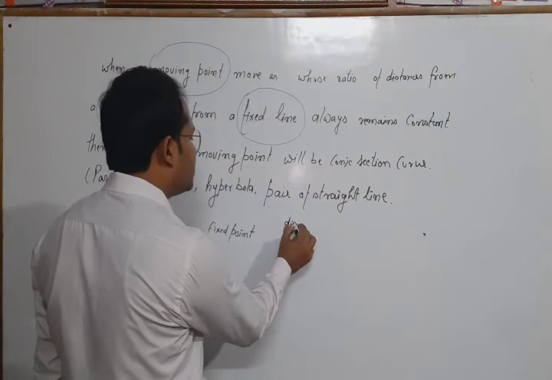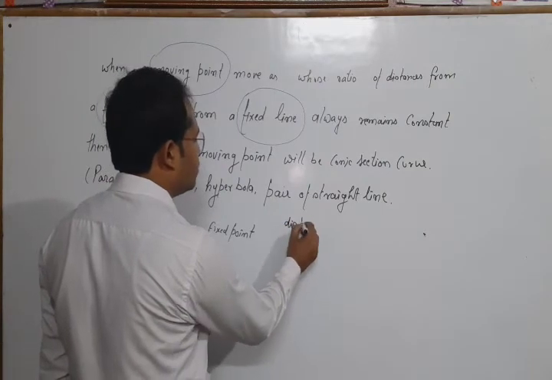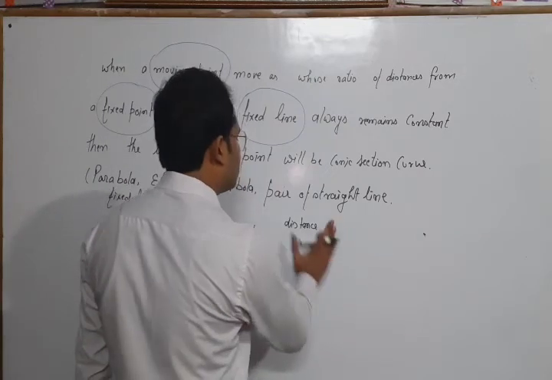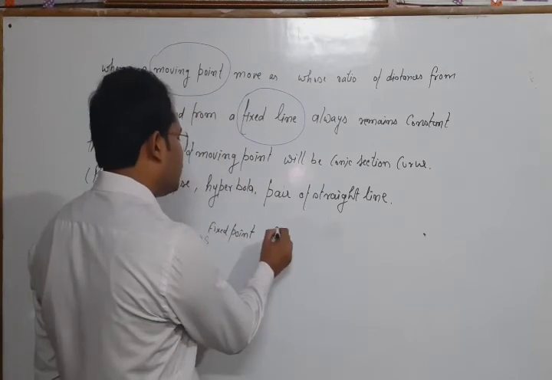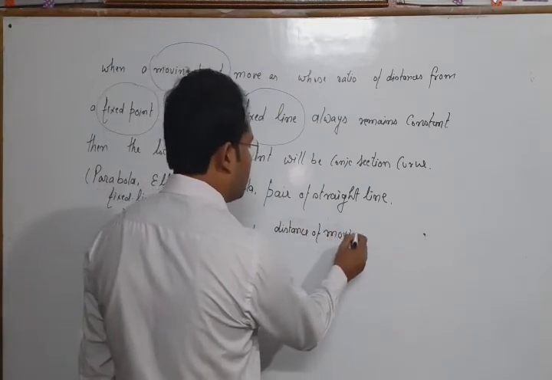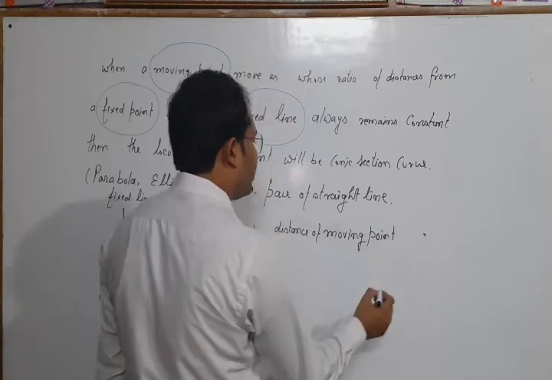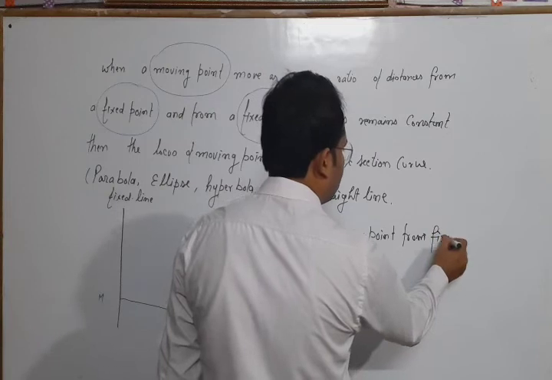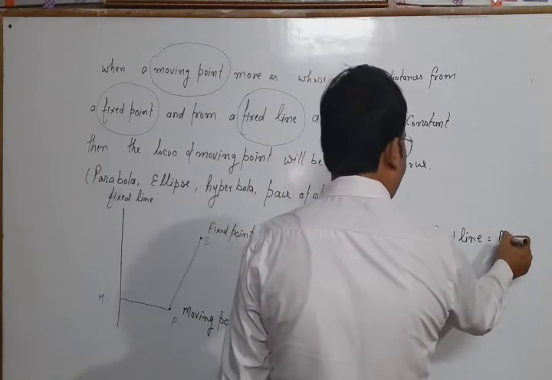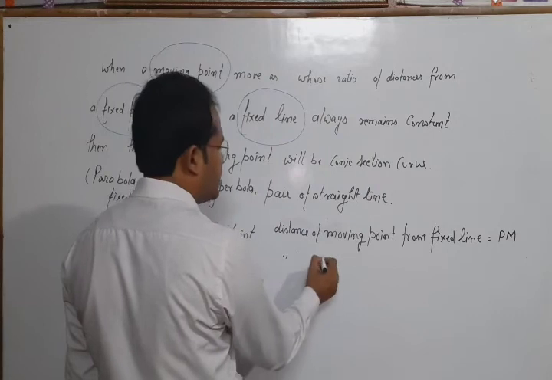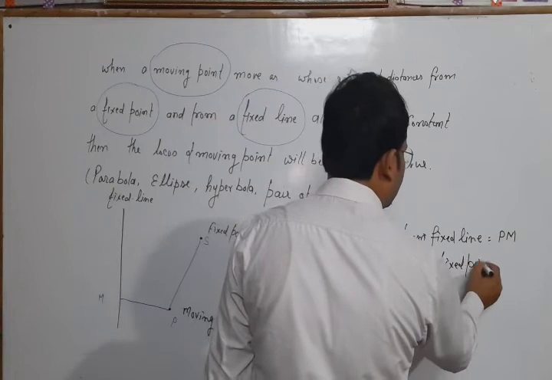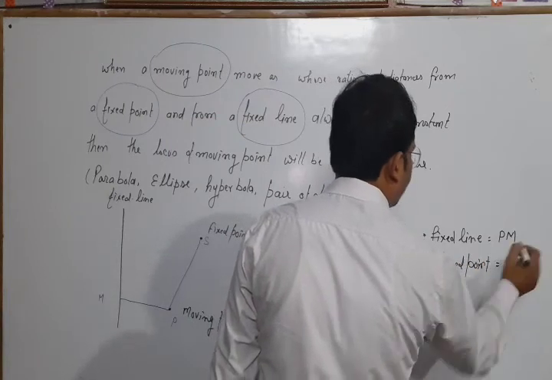The distance of the moving point from the fixed line is PM, and the distance of the moving point from the fixed point is PS.